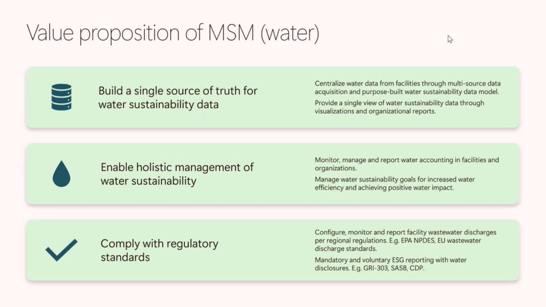And using this data model, we can give a holistic view of the water sustainability in your organization. There are dashboards that enable you to monitor and manage the water quantities and water quality of different facilities.